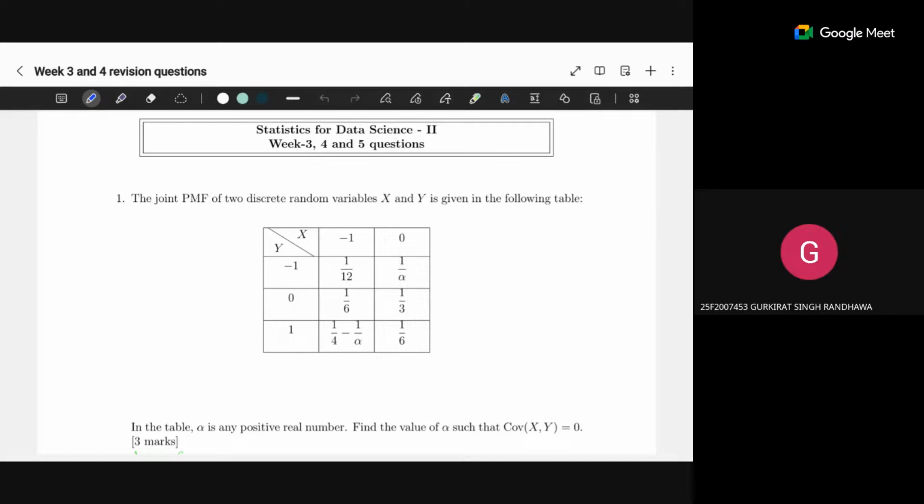Okay. Let's see, one or two people are solving the question, right? So let's wait for that and then answer. Yes, Sakshi. Sorry, ma'am, by mistake I raised my hand.